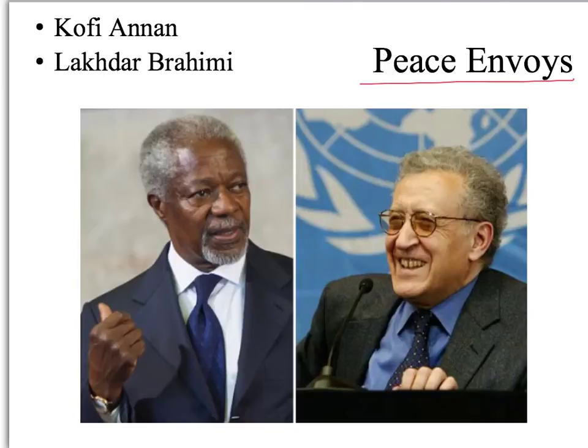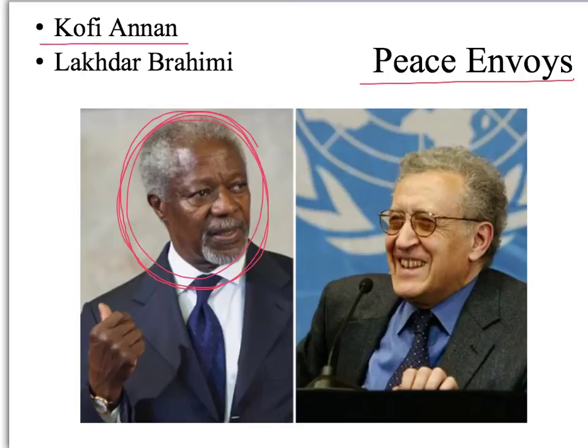Kofi Annan, who is the ex-UN Secretary General. Here's Kofi Annan. You probably recognise him from the news or newspapers. He has been involved in Syria over the last couple of years.